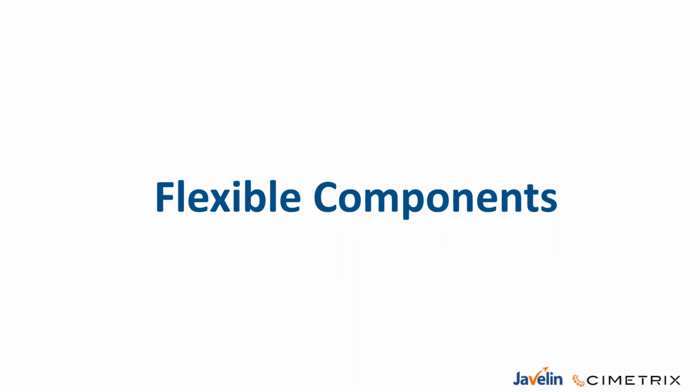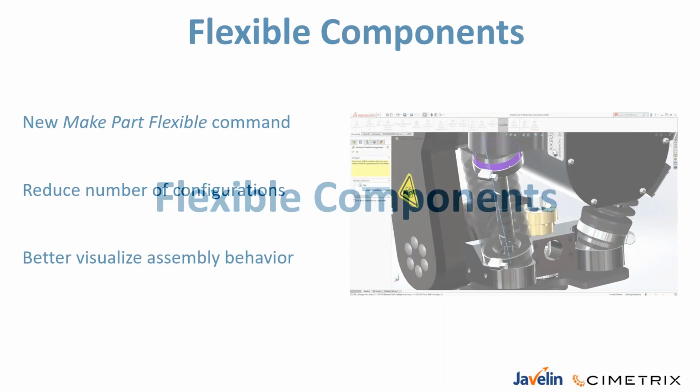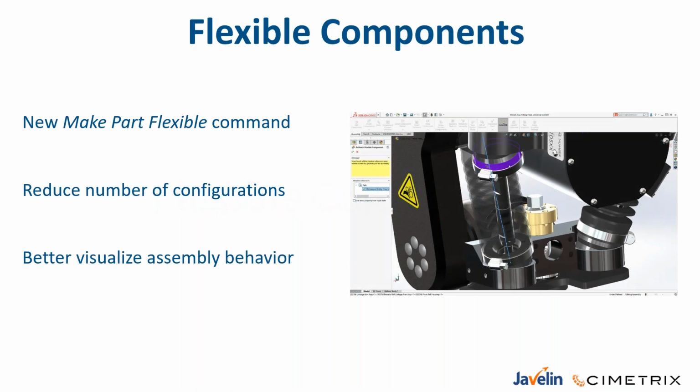Another really cool thing that, again, Colin and Claudia talked about, but I just wanted to make sure I highlight here, because it takes advantage of some of this increased performance, is flexible components. These are a great way to take advantage of the modern performance, and they use the external references, and you can remap them. This is with the brand new make part flexible command. It's a great way to make sure that your assemblies accurately represent the real world version and performance.